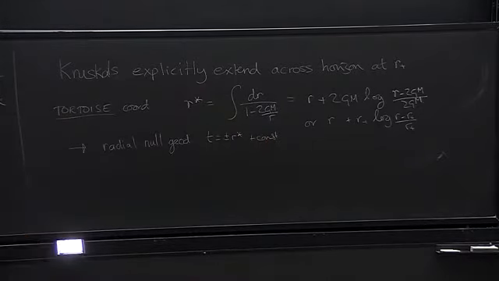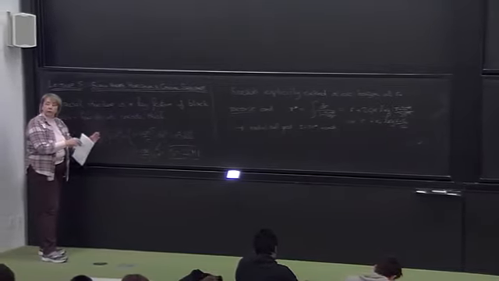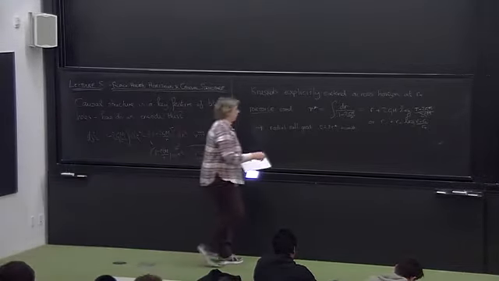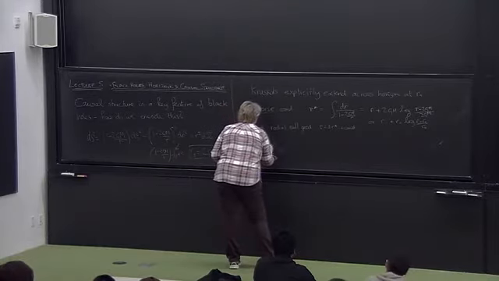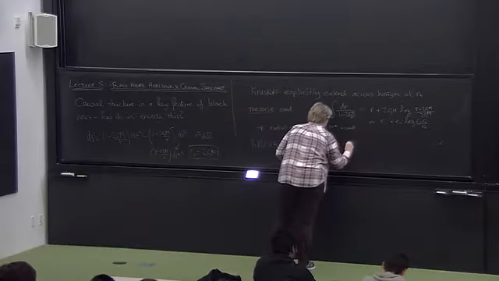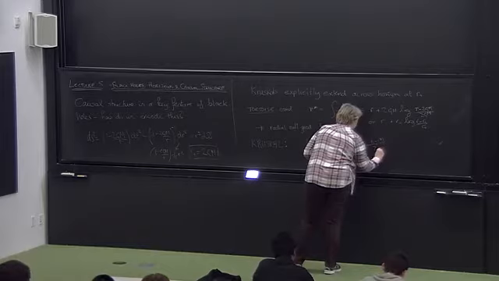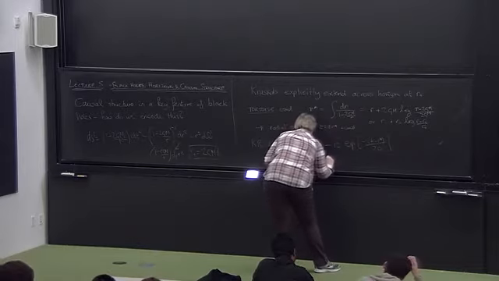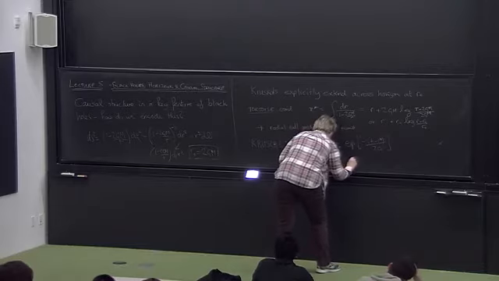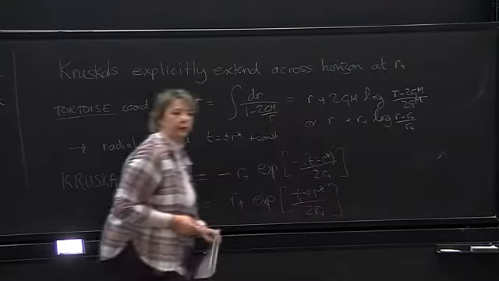Now that means we can think about building a coordinate system based on these null coordinates, and then the idea is that we can follow that through the event horizon. So our Kruskals do precisely that.